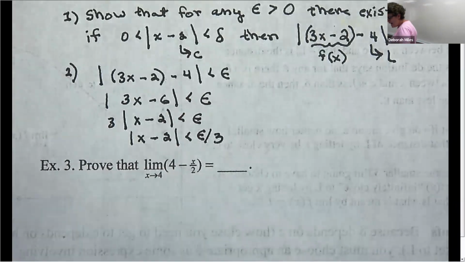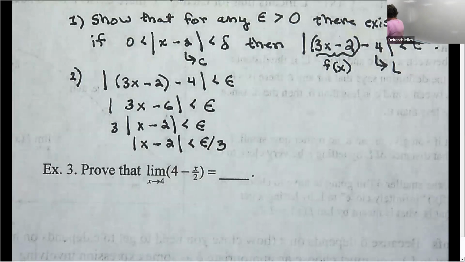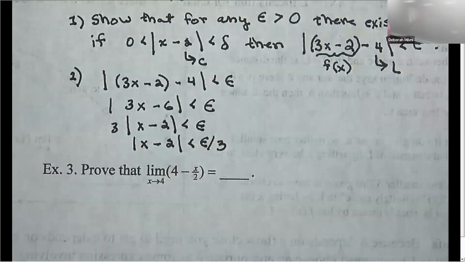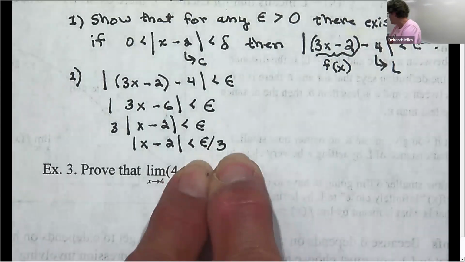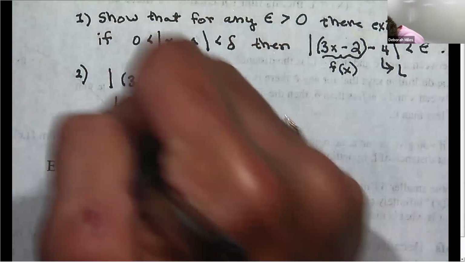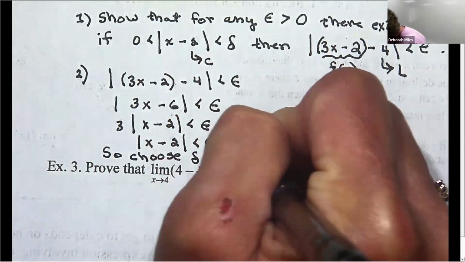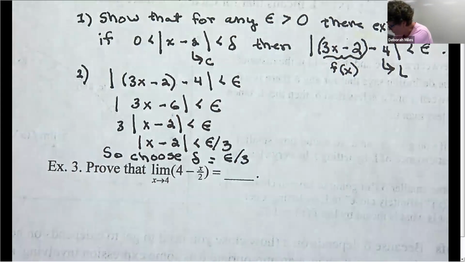And say, however close my bullet has to be to hitting 4, my x is going to have to be within a third of that distance of 2. So choose delta to be a third of any epsilon anybody gives you.